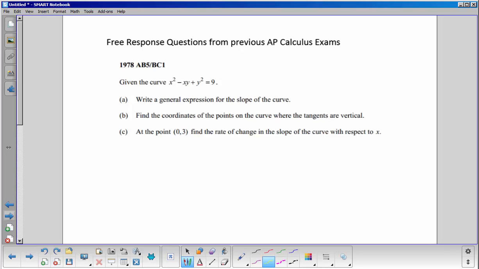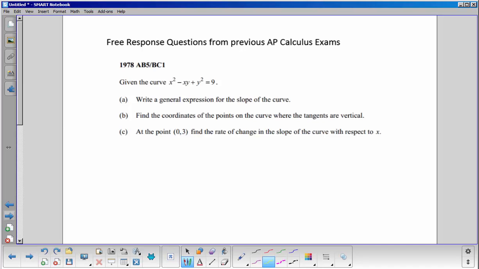Now this is from 1978, which says 1978 AB5 BC1. This means this question was both on the AB exam and the BC exam. It was number 5 on the AB, and then it was number 1 on the BC. So that was the first question they saw. But guess what? We can do this question now.